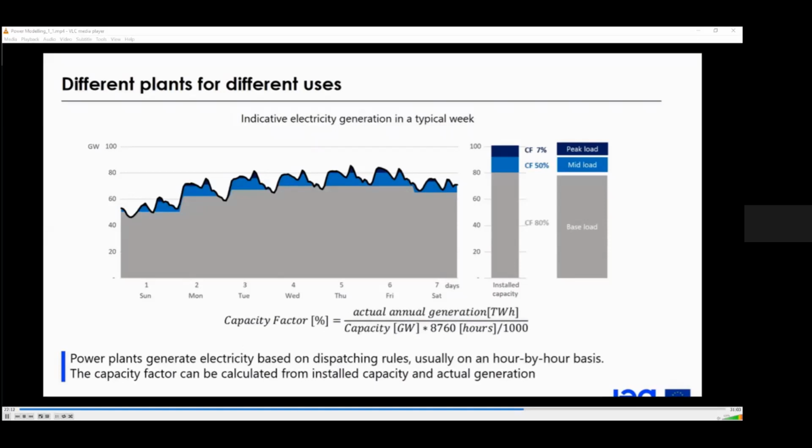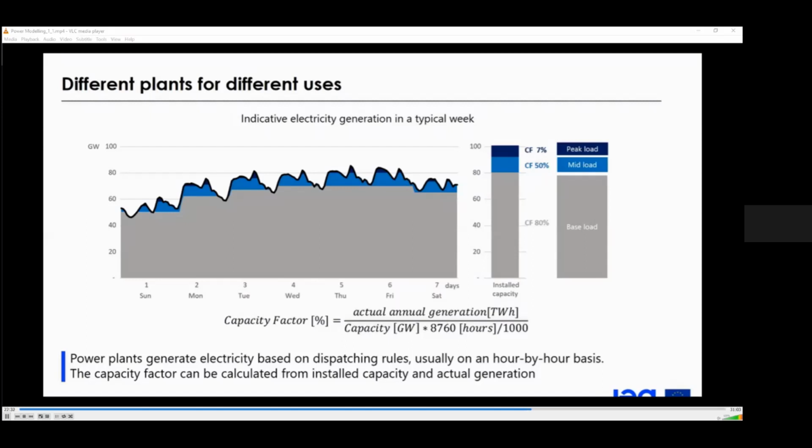As you can see on the graph on the left, they're used really for peaky demand, and so they have generally much lower capacity factors, generally below 10%. Here in this example, we have 7%.